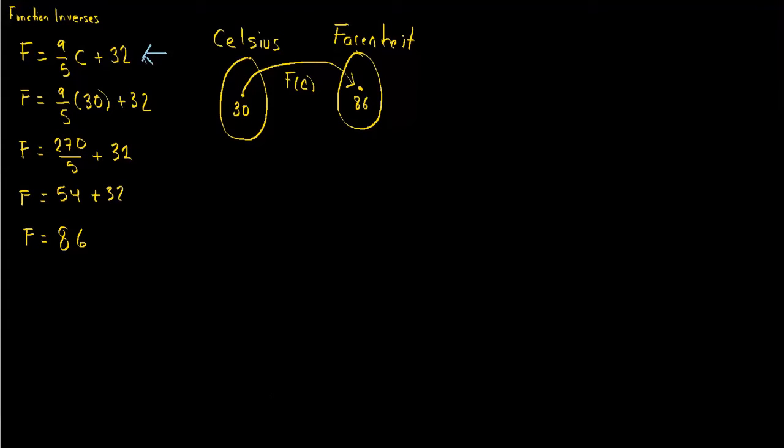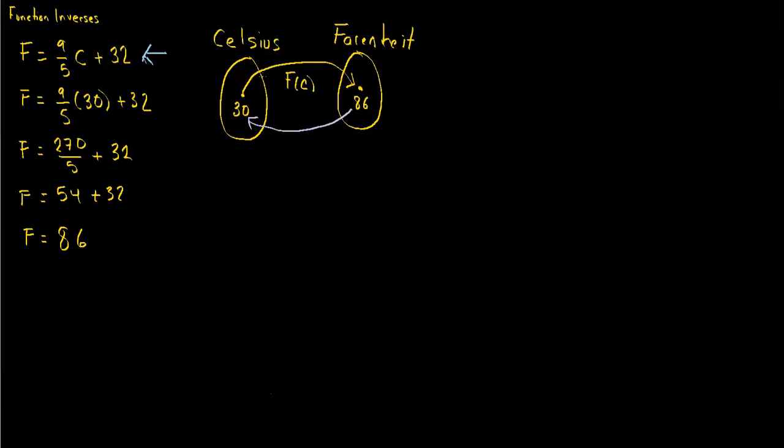Now, I will ask a question. We just did how to get from here to here. Now the question is, how do we get back from here to here? And that's where our fellow friends, the function inverses, appear.